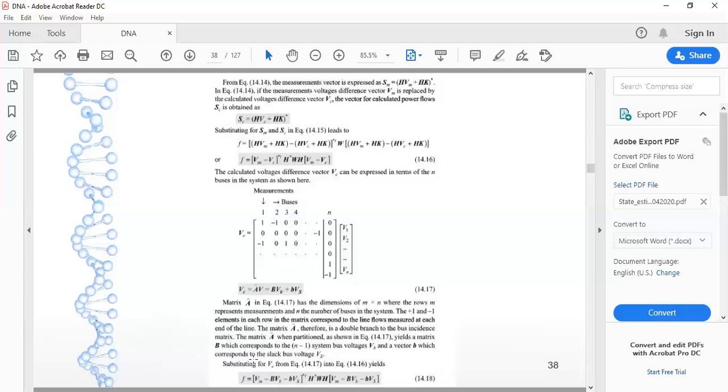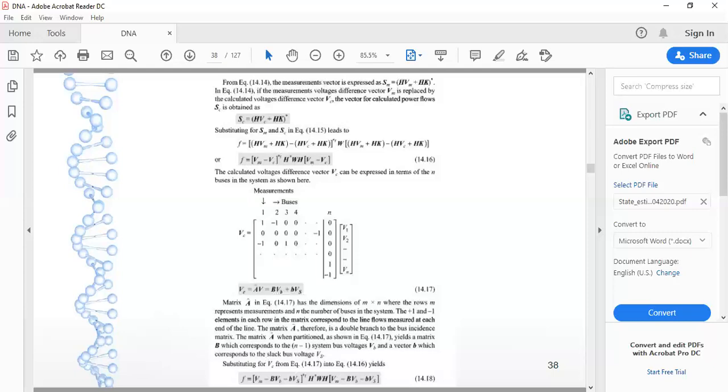If we substitute the value over here, we will have Vm minus B into Vb minus b into Vs. From this equation, we directly substitute the value of Vc from 14.17, and from 14.17 we easily derive equation 14.18. Over here Vm is as it is; instead of Vc we write capital B into bus voltage minus small b into slack bus voltage.